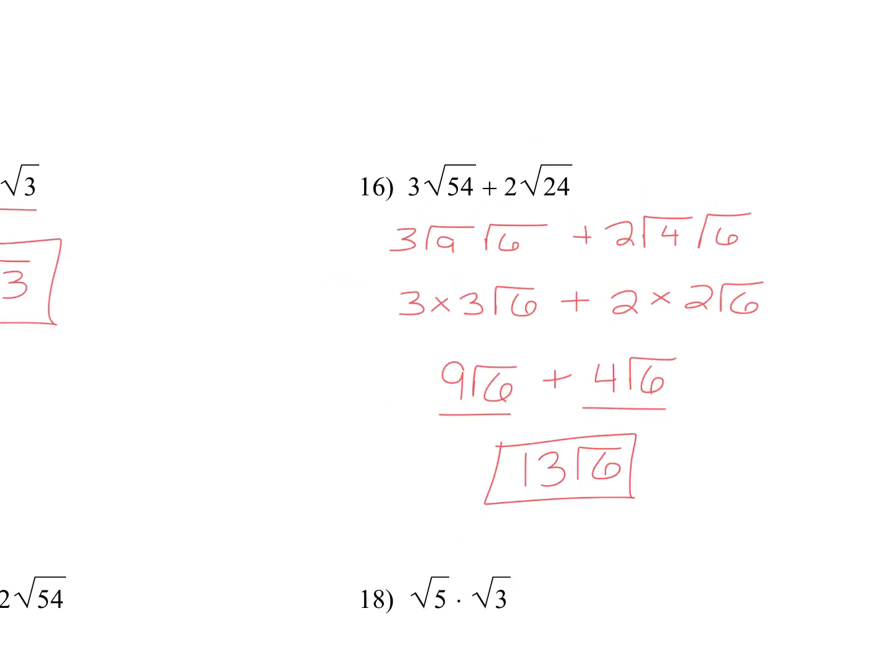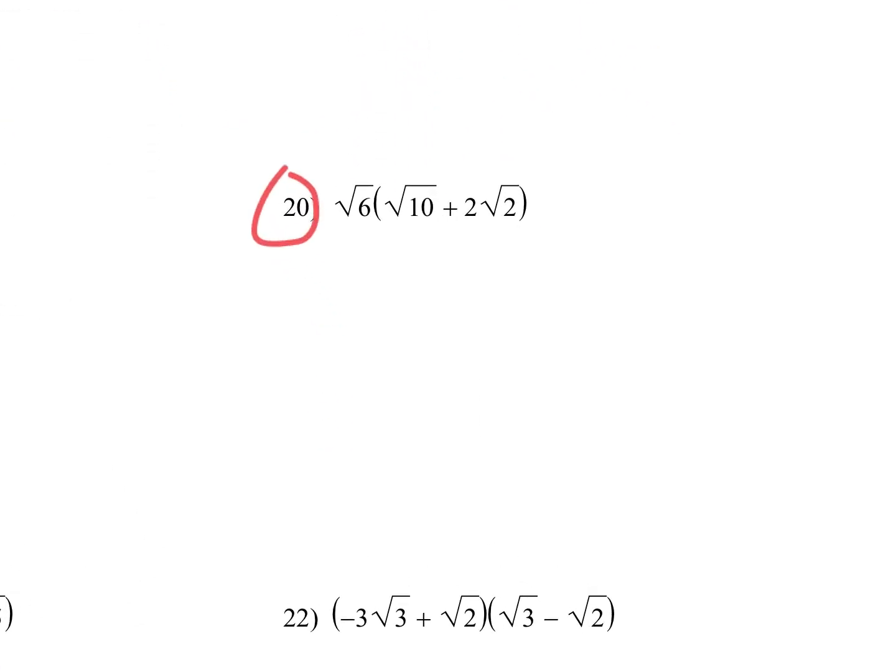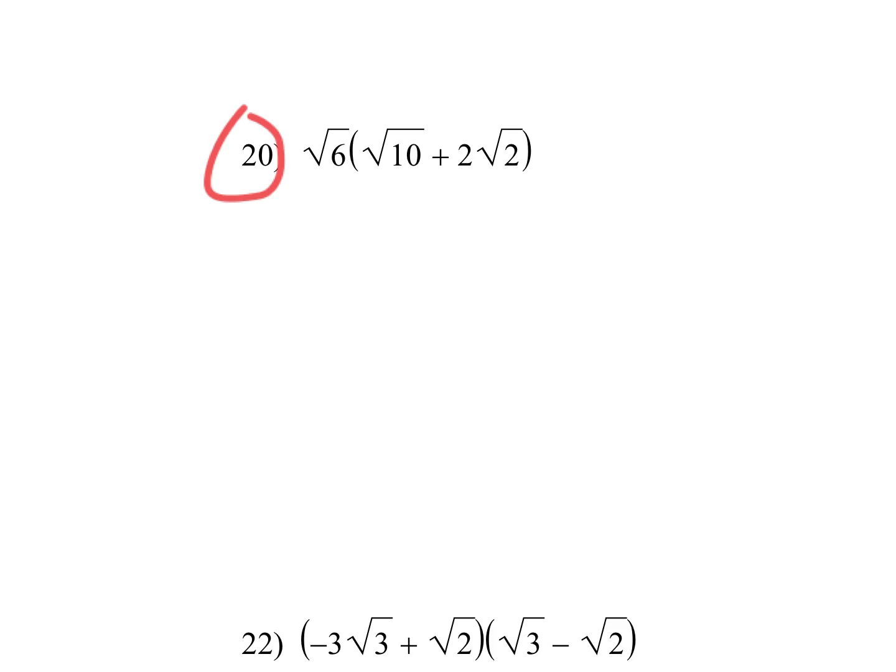Let's look at number 20. Here, what operation are we going to do on this one? Distribute, right? Multiply. So if I take square root of 6 times square root of 10, that's what? Square root of 60. And then I have square root of 6 times 2 square root of 2. 2 square root of 12. And then I always look to do what? I can simplify.